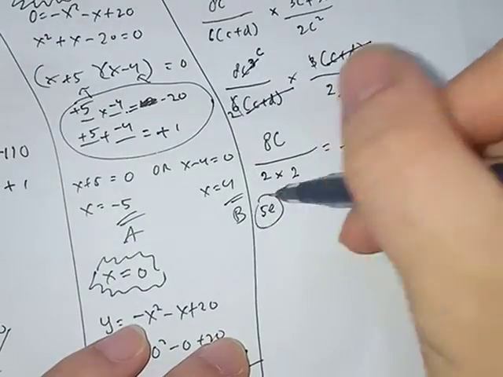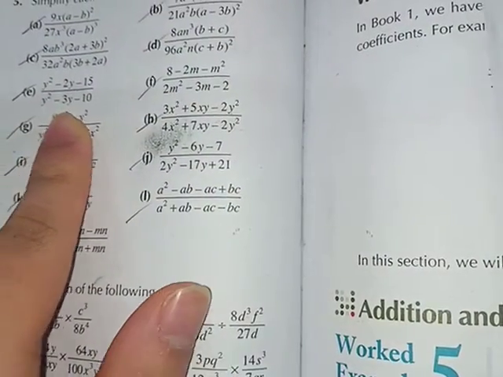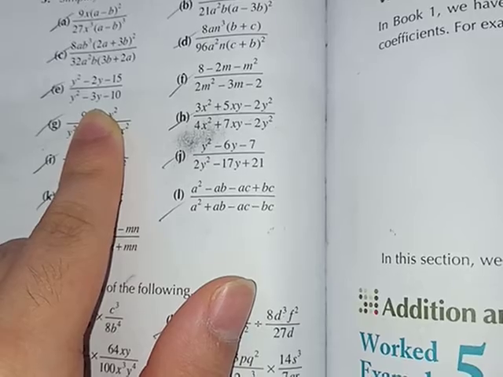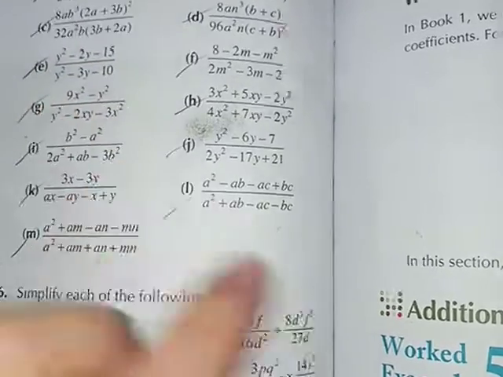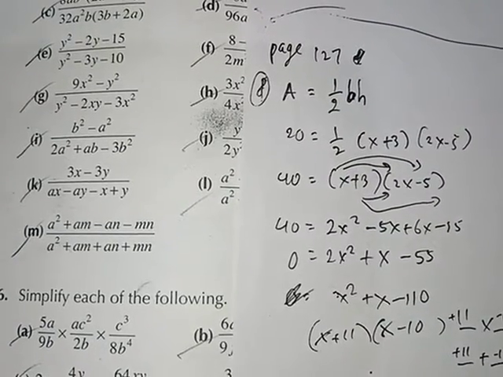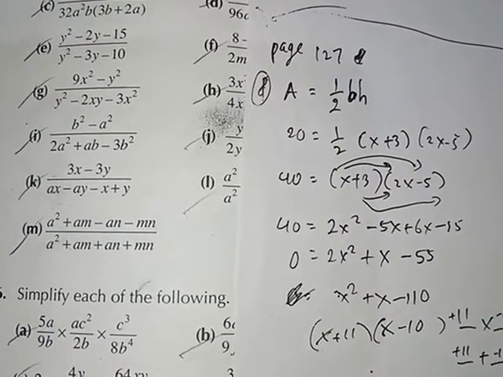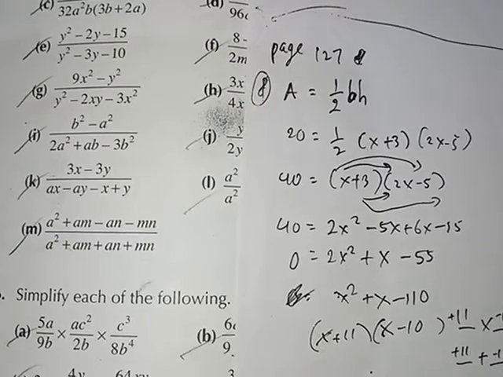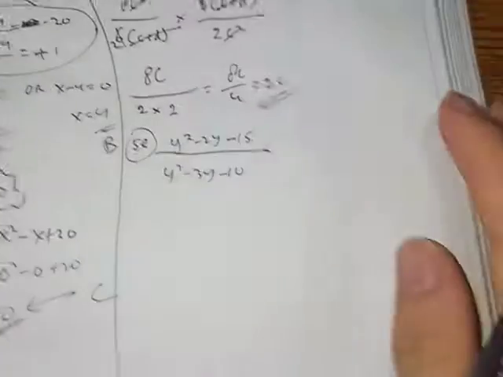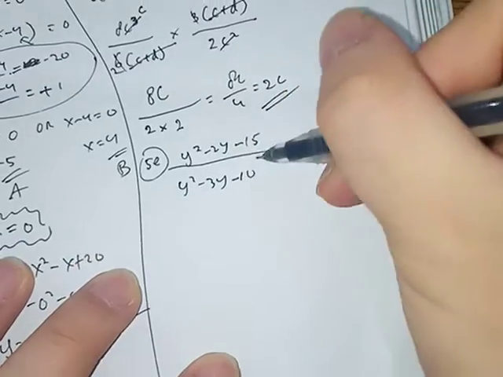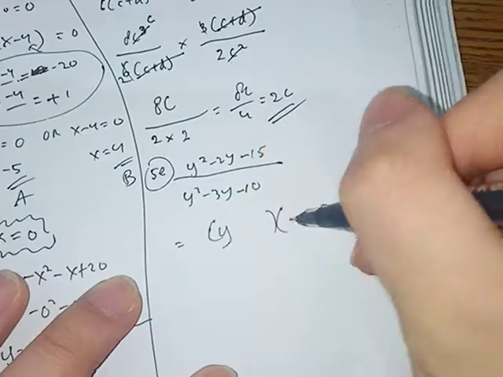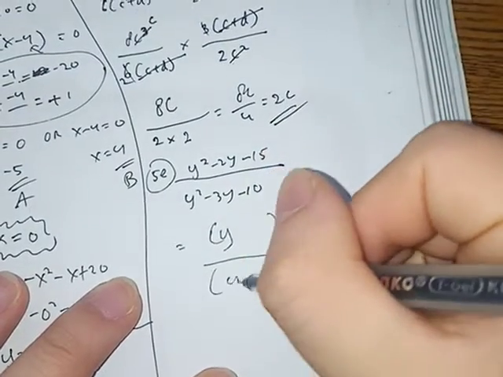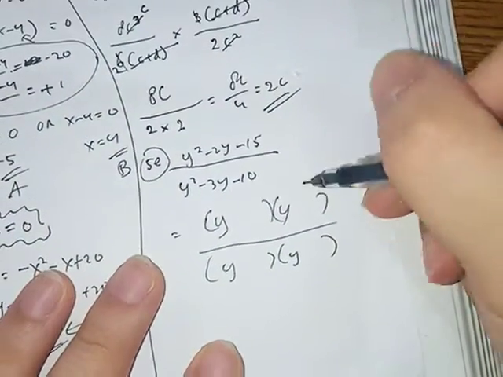Then 5E, yeah. Number 5E, let's see, this one. Y square minus 2y minus 15. Okay, this one you can factorize both, right? Let me write the question first. I'll go very quick here. I won't go into detail, step by step, of how I factorize it.